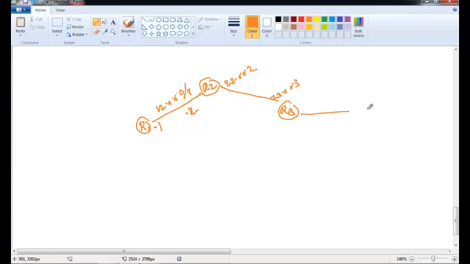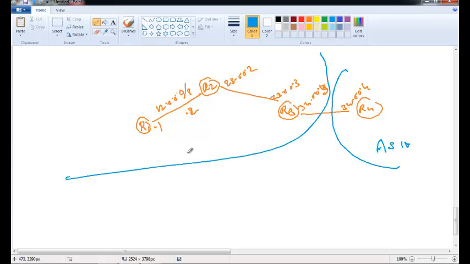And router 3 is connected to router 4, 34.0.0.4, and 34.0.0.3 here and say 4 here. Okay. Now, this one is autonomous system 10. And this one is autonomous system 20.